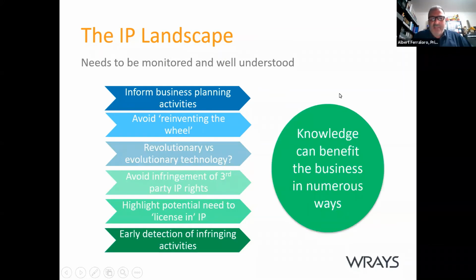And I guess the messaging here is that there is a lot of information in the IP space that often organisations and individuals are not really aware of. Technical people, scientific people are very good at monitoring their space, technology papers, technological literature. But in the IP landscape, you'll often see things much earlier in the piece because of the requirement in the patent system to file a patent application, which is ultimately published, even as an application.